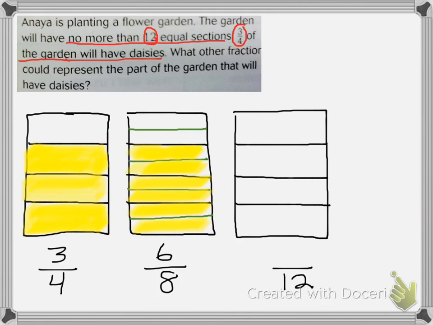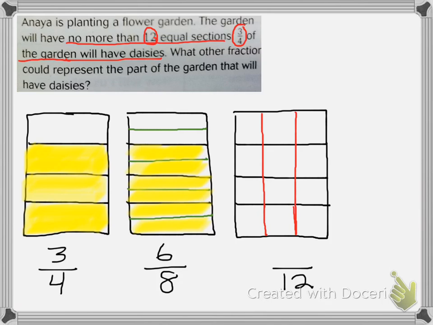Hang on a second here. I'll do red this time. Okay. 3 equal parts. See? Each fourth is now in 3 equal parts. So that makes 12 equal parts.